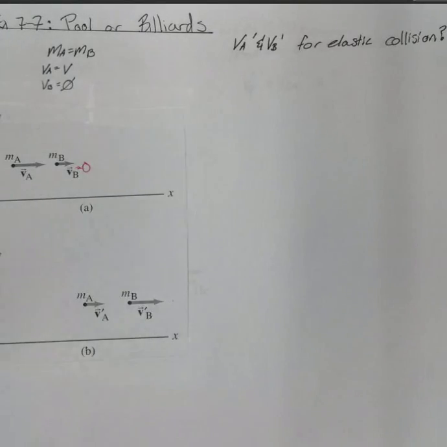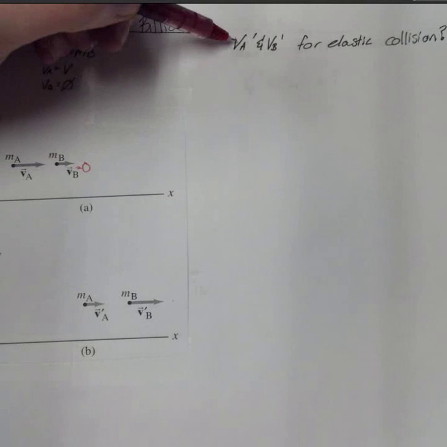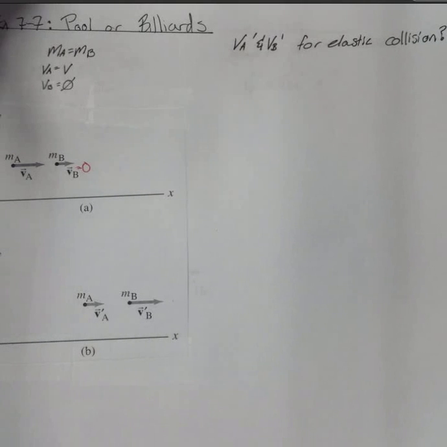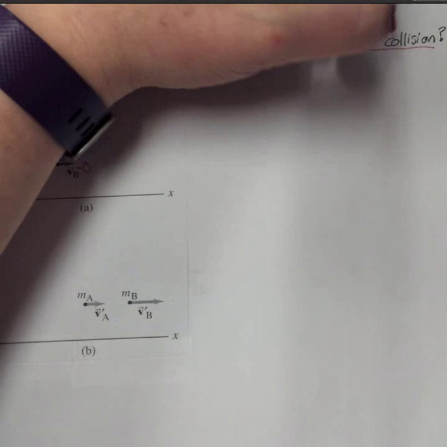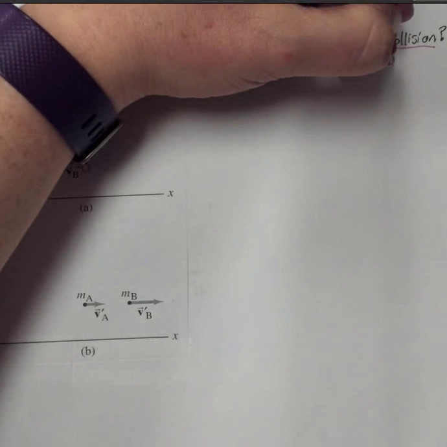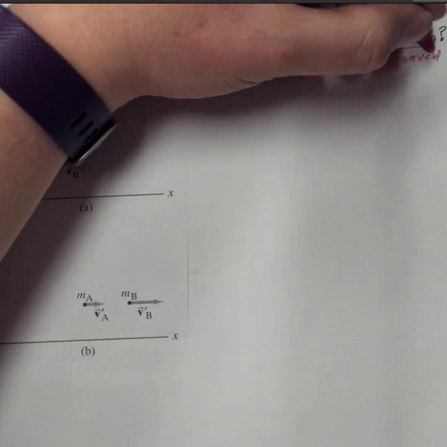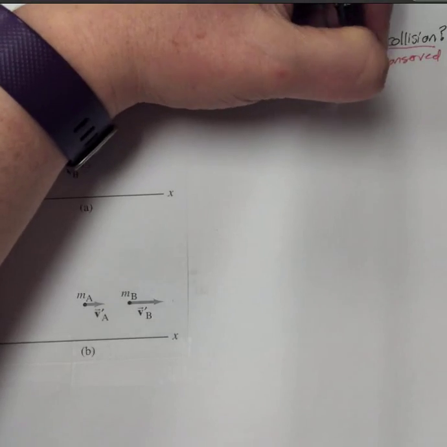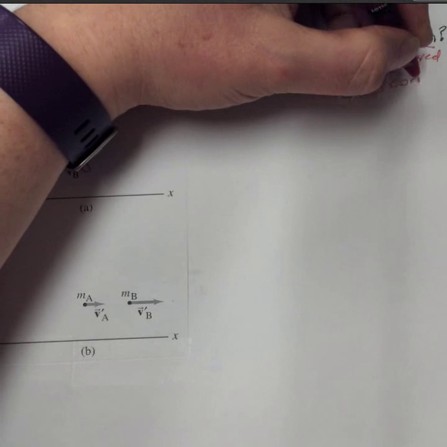That's important because we're going to be needing to find the final velocity for object A and B after a perfectly elastic collision. So since it's an elastic collision, we know that the momentum is conserved, and we know that kinetic energy is conserved.